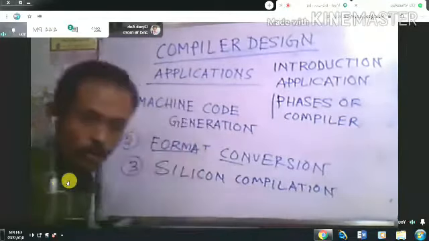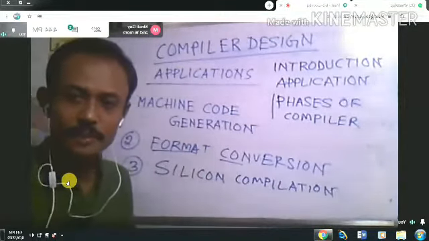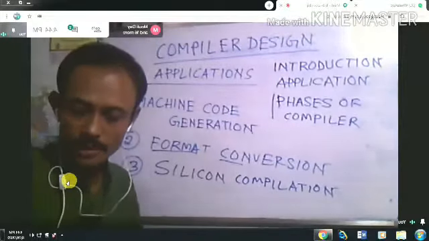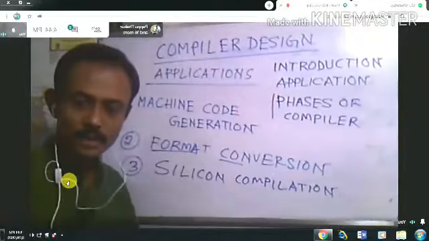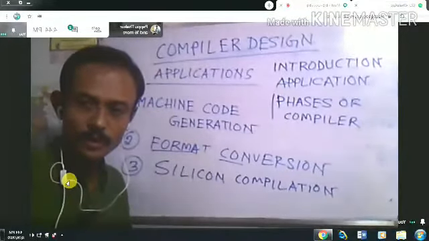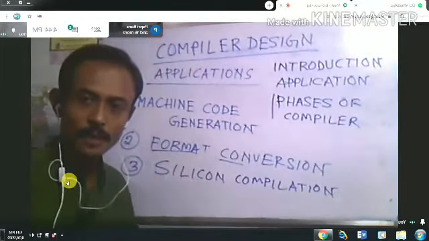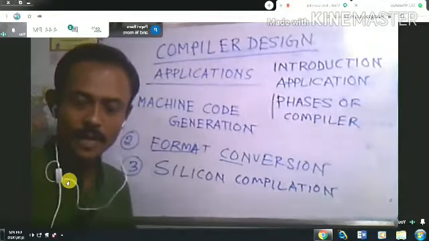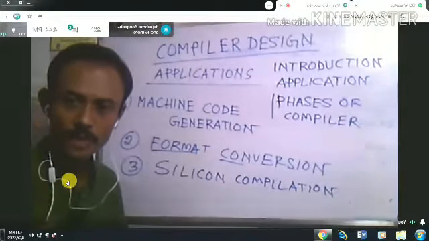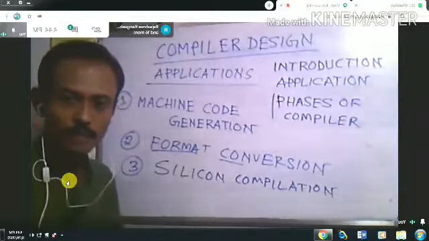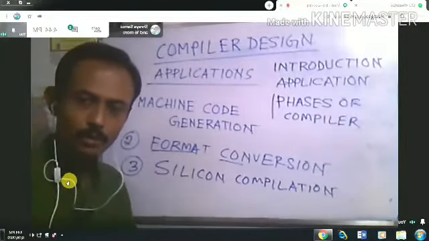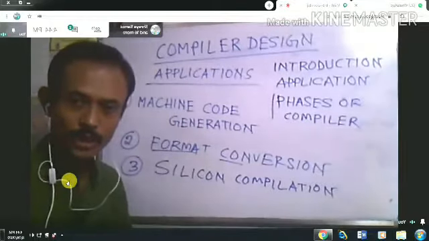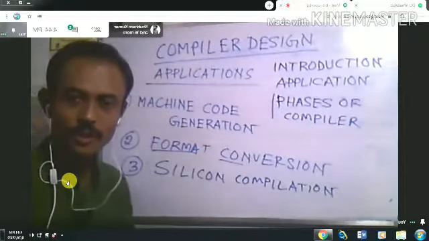When we studied Verilog last year, in the subject computer organization and its lab, I already discussed the concept of Verilog. In the introduction of the Verilog class, I told you there is an industry called the electronic design automation industry.